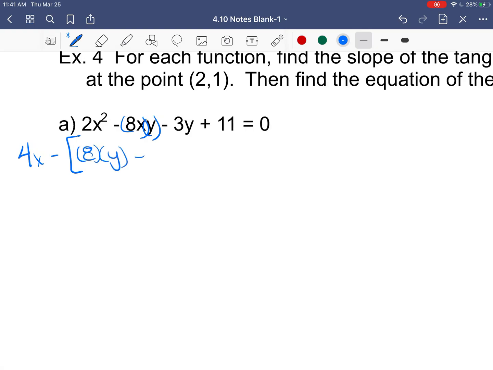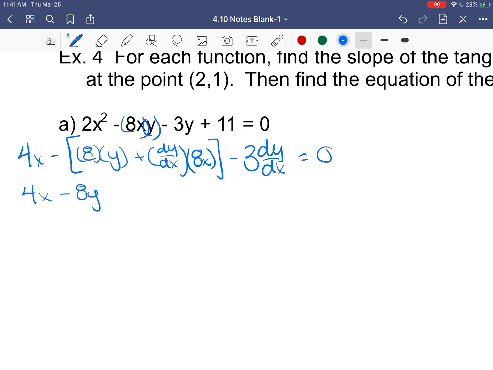So I'm going to subtract derivative of the first times the second plus derivative of the second times the first, minus 3 dy/dx plus 0 equals 0. I'm going to distribute my negative just to make sure I'm not going to lose those, because eventually that's going to screw us up if we lose negatives.